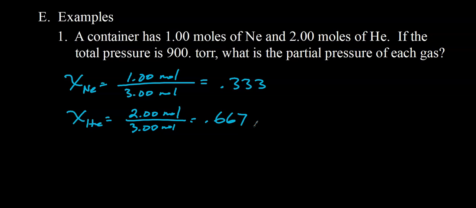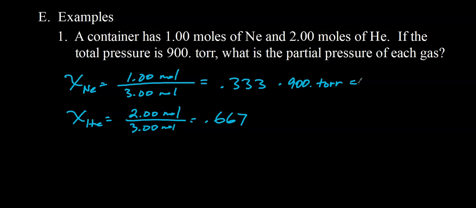How about this? What percent of the total pressure do you think the neon atoms exert? Well, 33.3%, I guess. If 33.3% of the particles are neon atoms, it makes sense that the neon by itself would exert 33.3% of the total pressure. So let's take our mole fraction, multiply it by the total pressure, and that will give us the partial pressure of the neon.